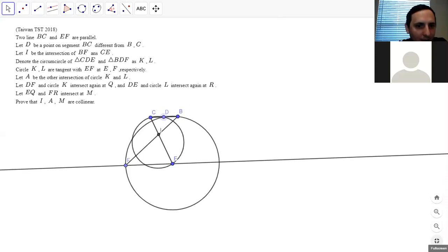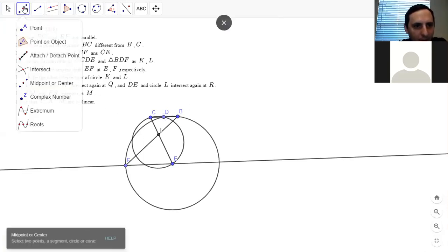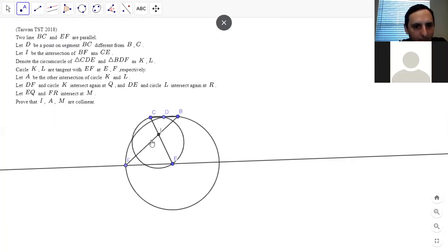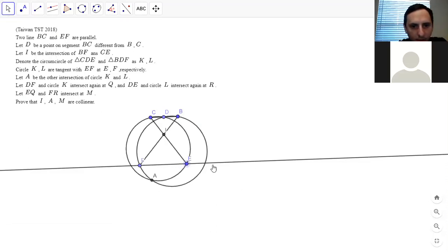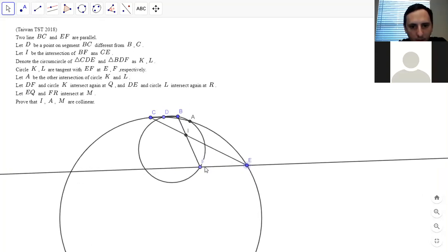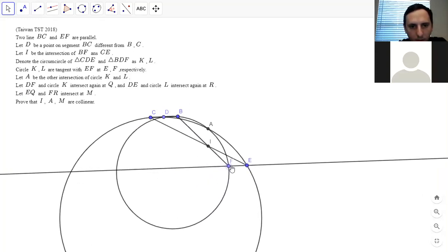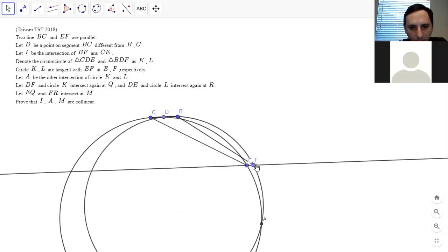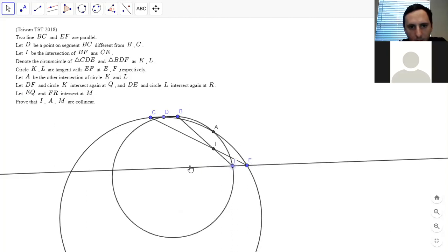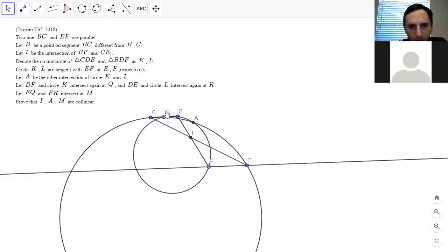Let me read the rest of it. Let A be the other intersection point. Okay. You should move F and E to the right. Move F and E to the right. Okay. So like that kind of? Maybe between B and C. So F must be between B and D. Projections of B and D onto the line EF.